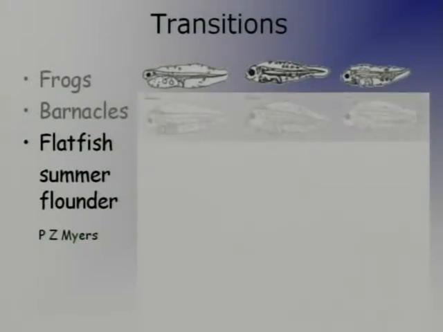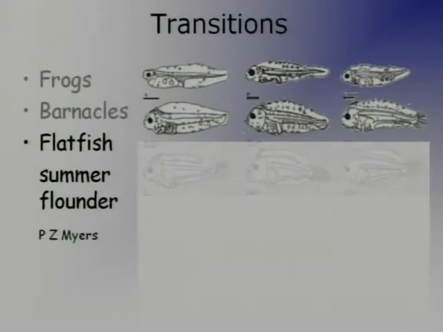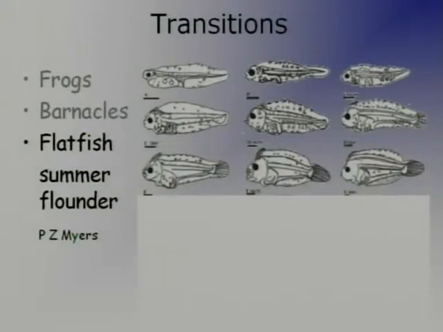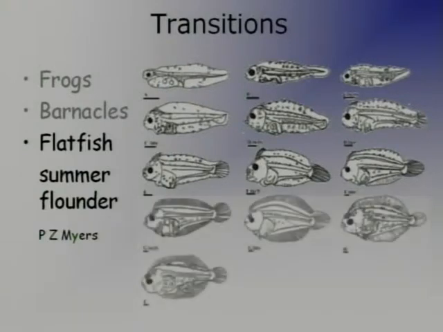As time goes on, it gradually grows larger and starts to change shape from a normal fish shape to becoming flatter. Most importantly, the eyes move round, so instead of having an eye on each side of its head, it has both eyes on one side and it turns into a flatfish. Here we have another biological transition which we can actually observe taking place in nature. So if we're looking for fossils to demonstrate how the early fishes turned into flatfishes, we have some indication of how it would work.